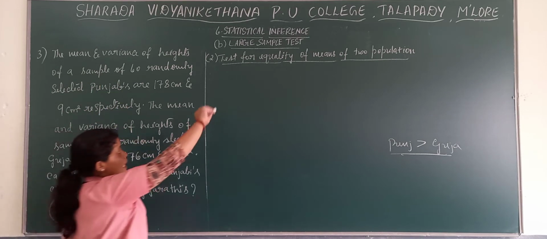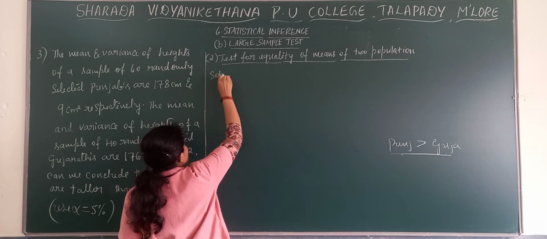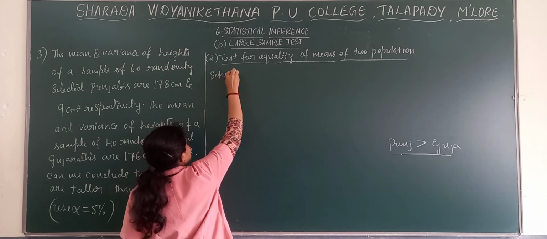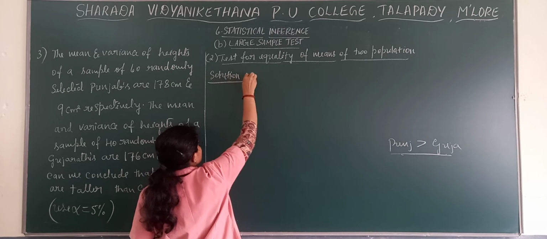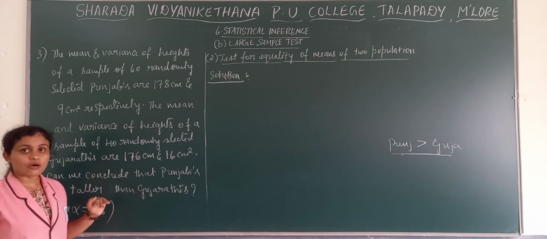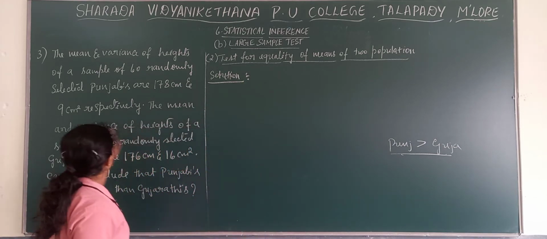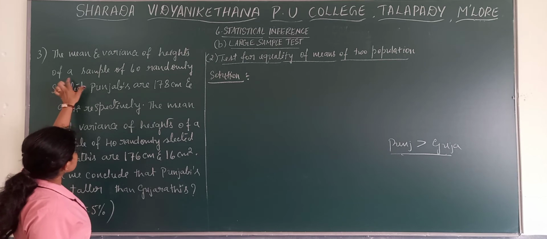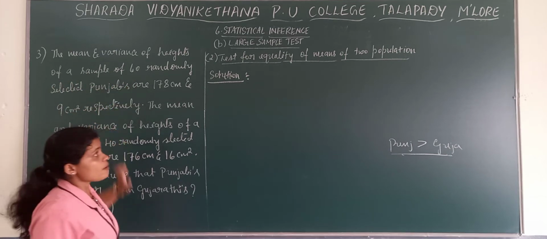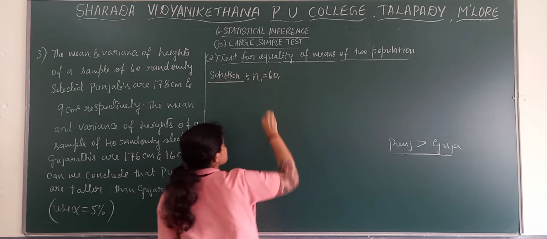Now firstly identify the sample number and sample mean, then standard deviation. Standard deviation is not given here. Here they have directly given the variance. Now write the first sample: the mean and variance of height of a sample of 60. So N1 is equal to 60.